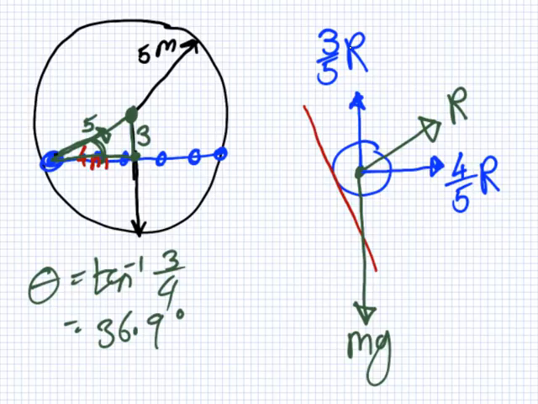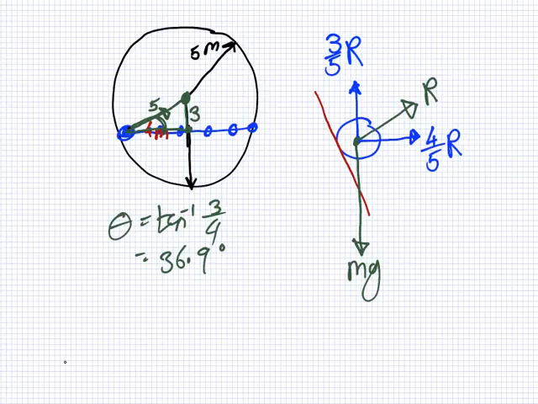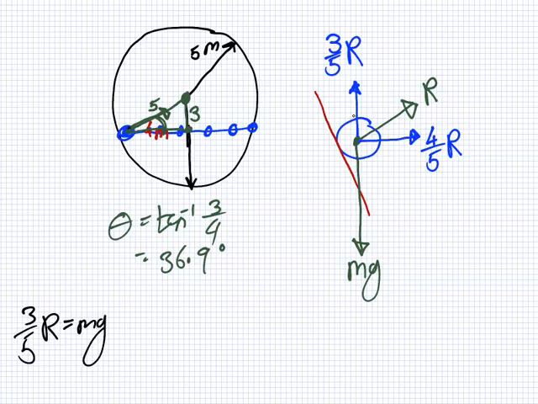Okay. So look, when the ball is going around like this, is it moving up or down? It's keeping the same height as it moves around. So that means 3/5 R should equal mg. That the up force equals the down force.